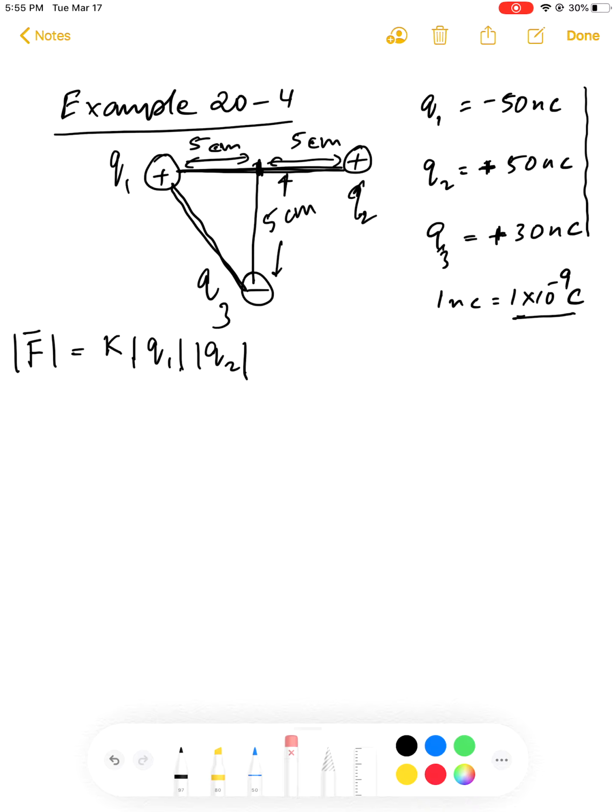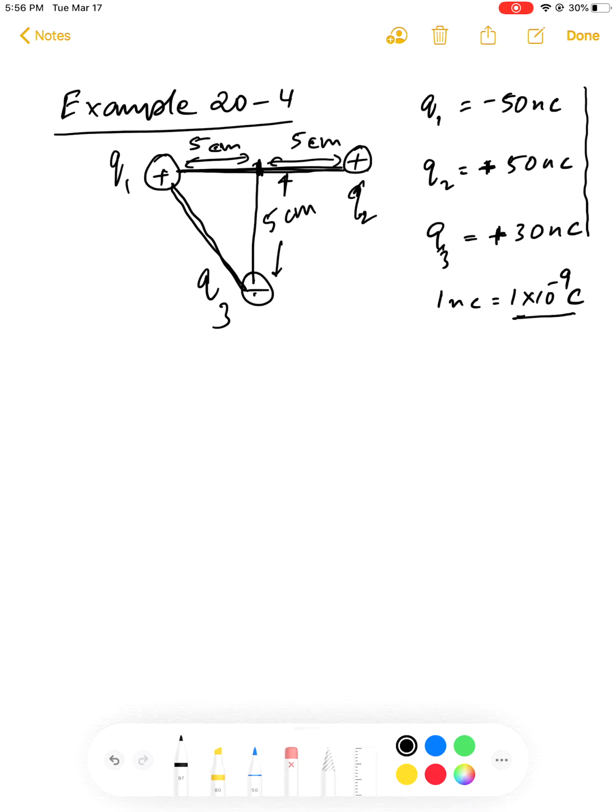So I'm going to edit my formula, or basically use the formula that's relevant here. We are trying to find the two forces between Q1 and Q3, and Q2 and Q3.